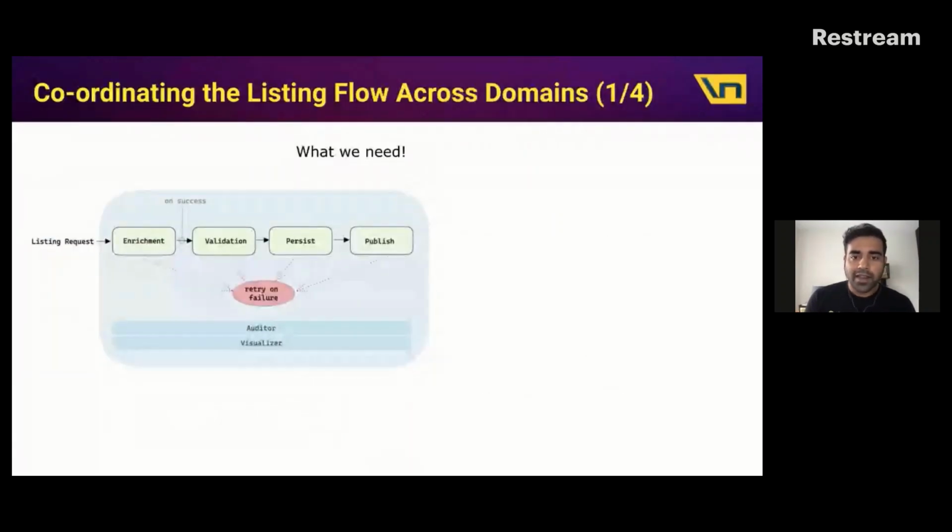Two challenges primarily. One of the challenges that we faced was orchestrating the flow of a listing, or the listing's life cycle or request life cycle, through these domains. So what we needed was something that looks like this.